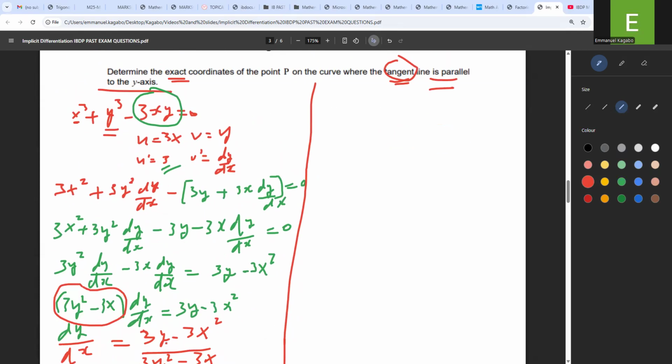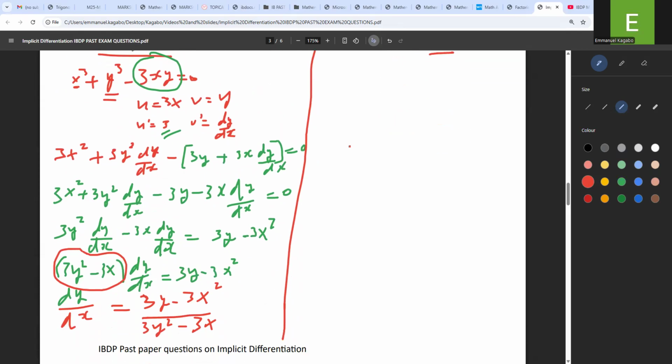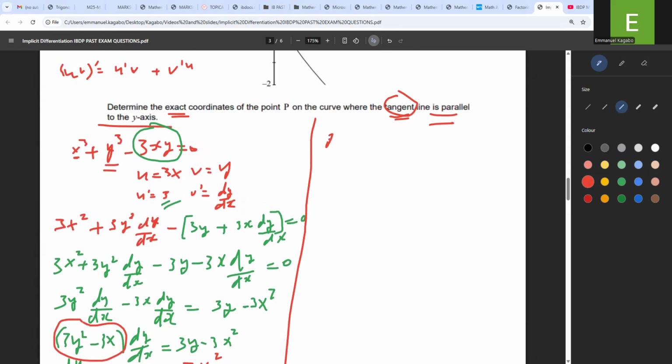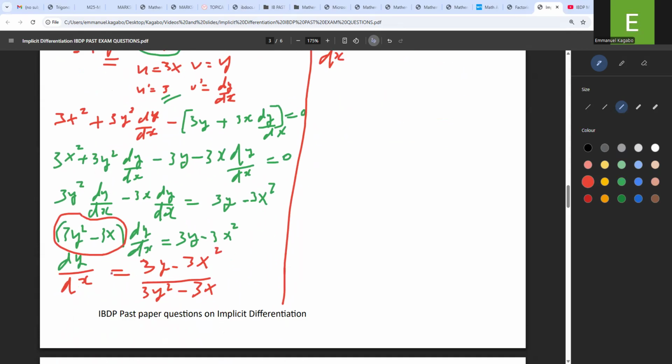Now, when I factorize 3, I'll remain with dy over dx. Factorize 3 and then simplify. So the x's are going to cancel. You see, there's 3 here and this one. So when you do that, I'm going to remain with y minus x squared altogether, guys, over y squared minus x, okay?